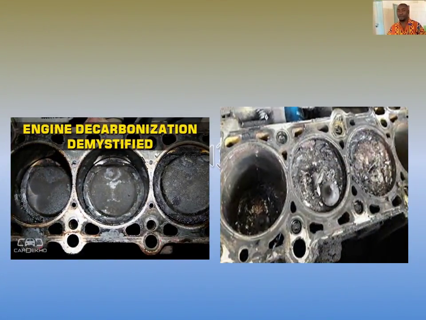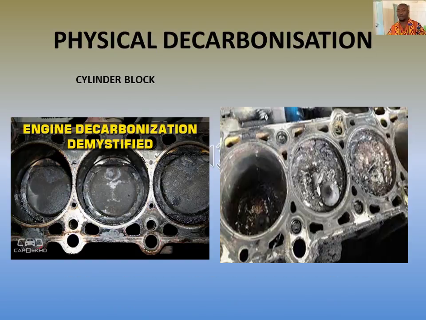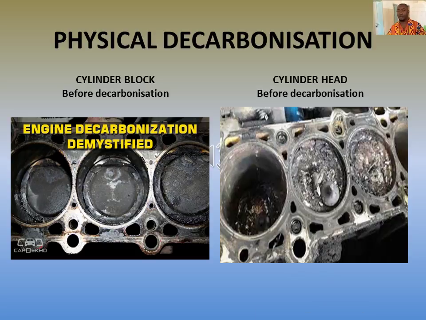You can see this as an effect of decarbonization. This is before the decarbonization of a cylinder block and a cylinder head. In this practical illustration of physical decarbonization, we are going to take our cylinder block and our cylinder head as our main specimen. As you can see, we have them before the decarbonization process.